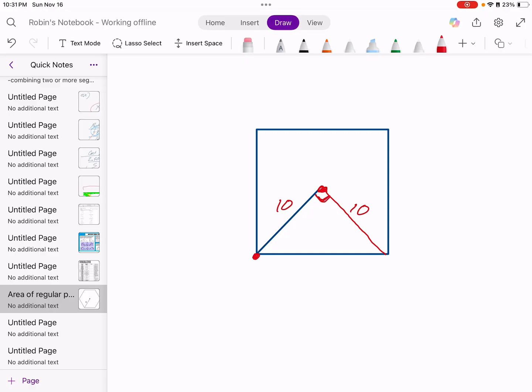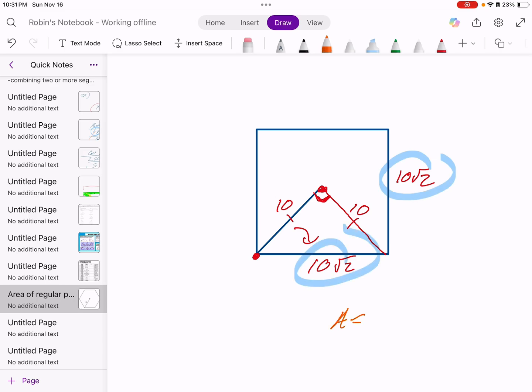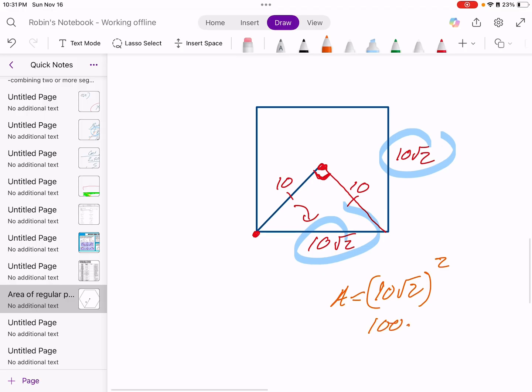And I know because it's a type of rhombus, I know that those are perpendicular, which means I have a 45, 45, 90, which means this is just 10 root 2. And because it's a square, using those quadrilateral formulas, I know my area is just going to be 10 square roots of 2 squared, which is 100 times 2, and I get my 200 square units.